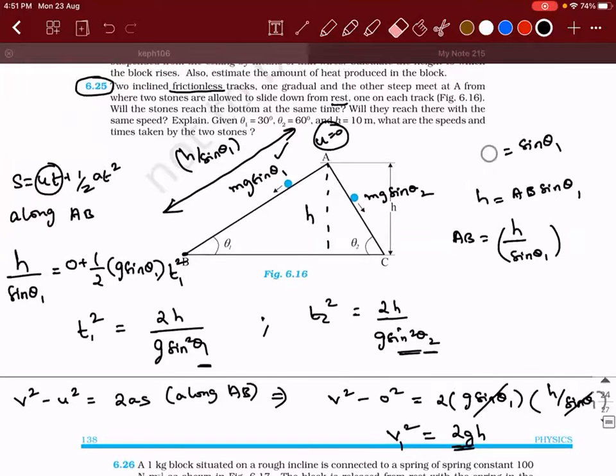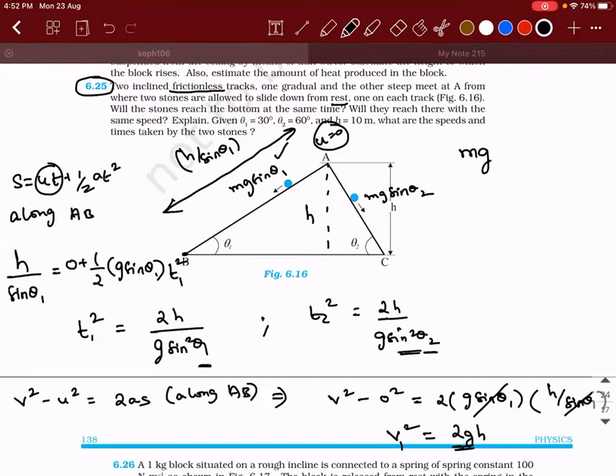No need of using slope and all that. I'll tell you a simpler way. Whenever you have this kind of problem, if you need to calculate the velocity, you can apply energy conservation also, because the surface is frictionless. Initially at point A, the energy possessed by the object is mgh plus kinetic energy 0, correct?